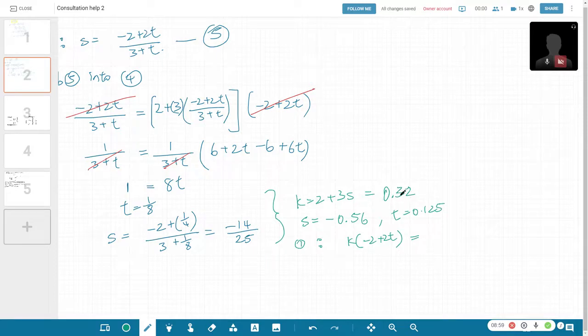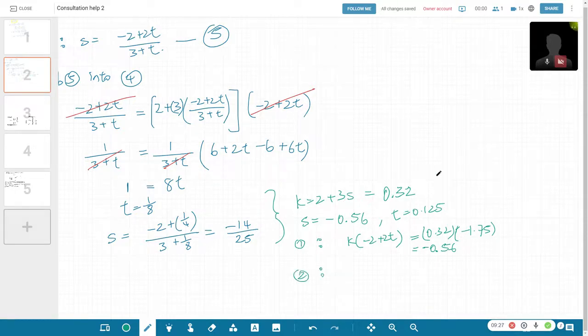So inside here we get 0.32 multiplied by minus 2 plus 2 times 0.125. So I get negative 1.75. I multiply by 0.32. I will get negative 0.56, which is S. So, okay, this is correct. So number 1 is correct.